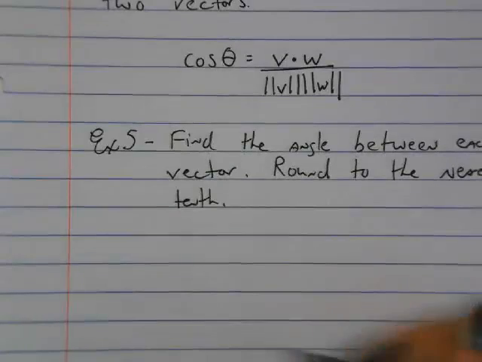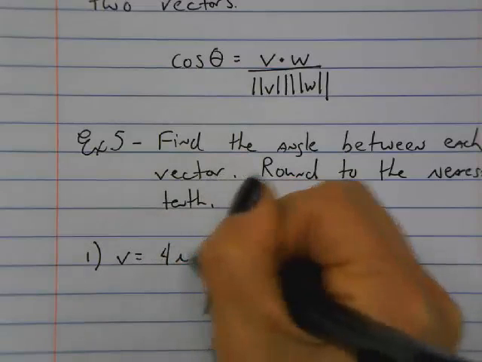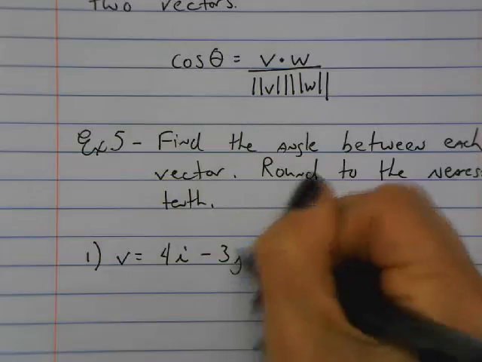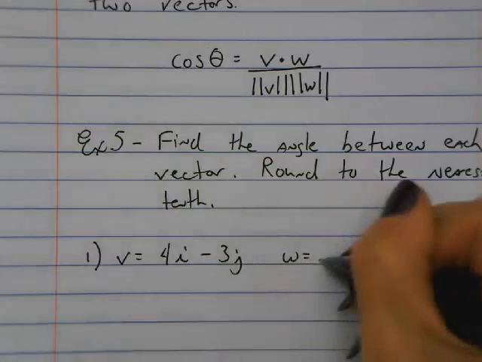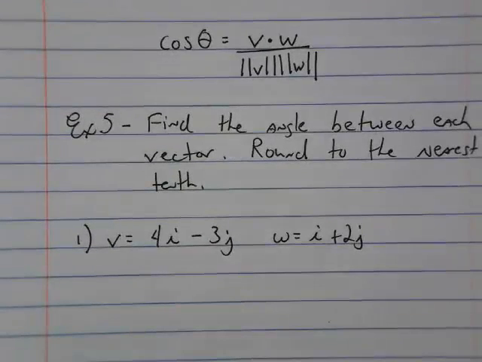Alright, let's say I have vector v is 4i minus 3j, and vector w is i plus 2j. Now, this is going to be a little bit more work. You're going to need to find me a whole lot of information.